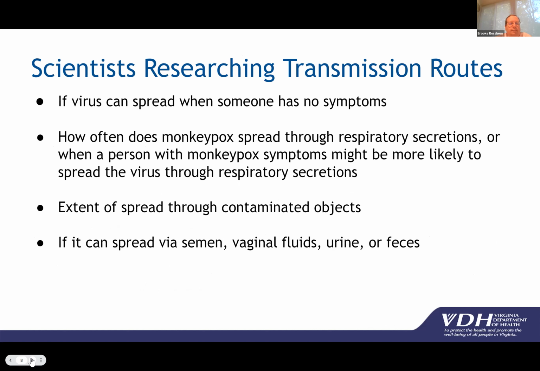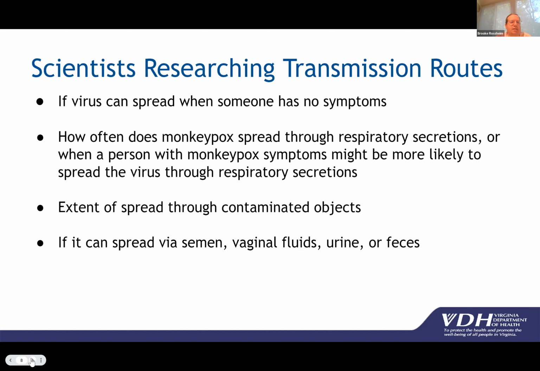There are a number of things that we just don't understand about monkeypox and that research is being done about. So one thing is if this virus can spread when someone has no symptoms of the illness. Another is about the respiratory route. How often does monkeypox spread through respiratory secretions, or when might a person with monkeypox symptoms be more likely to spread the virus through respiratory secretions?